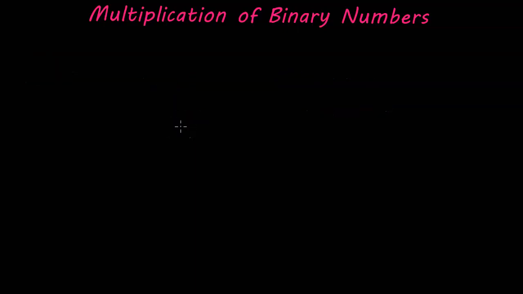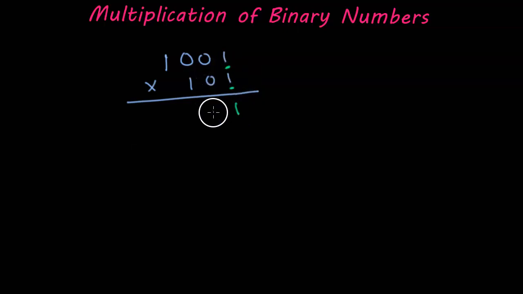So let's start with an example. Let's multiply 1001 with 101. Now we multiply the very first digit, that's the 1 into 1. It's a 1. Then 1 into 0 is a 0. 1 into 0 is 0 and 1 into 1 is 1.